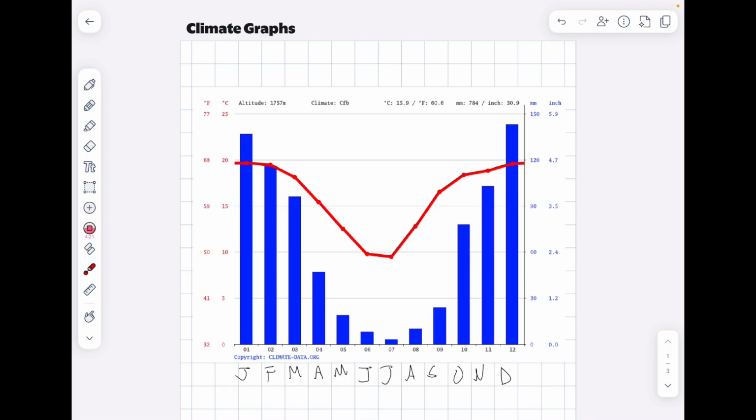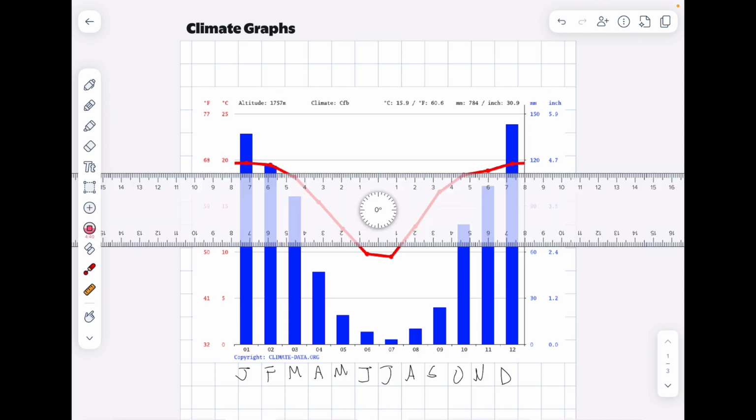So this would be where you might get some questions in an exam saying, using the climate graph, which month gets the most rainfall in Johannesburg? Okay, so if it's rainfall, it means we're having to look at the bar graphs. This one over here looks pretty high, January.